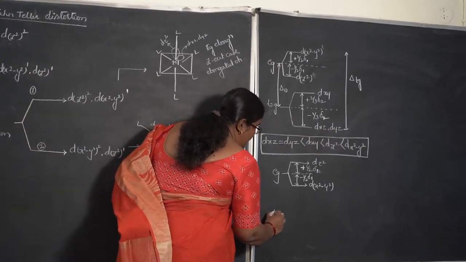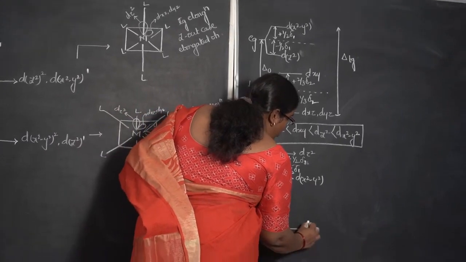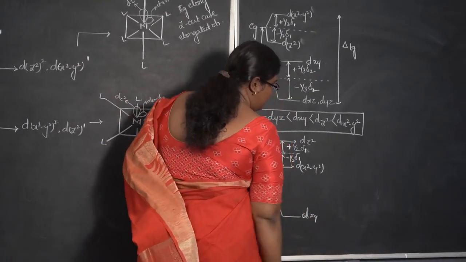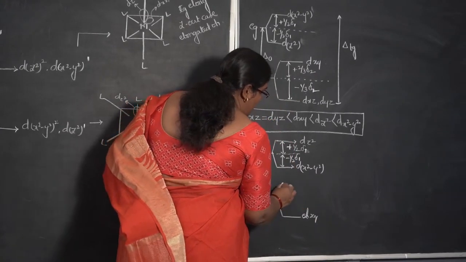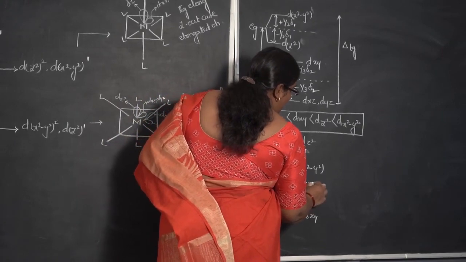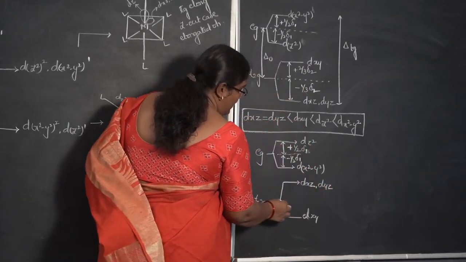And if you take the T2G set, the orbital close to the xy axis, that is dxy, loses the energy, and the orbitals dxz, dyz, they are gaining the energy.